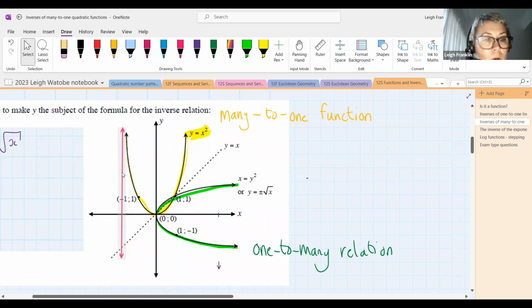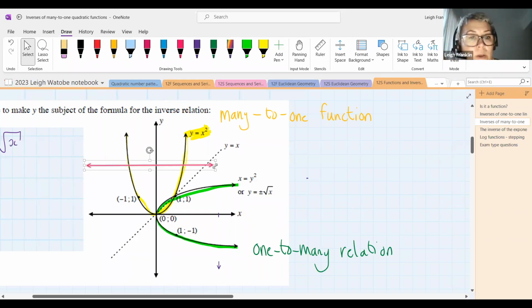So that is what we refer to as a many to one function. Remember the horizontal line tests whether it's a one to one function or a many to one function.